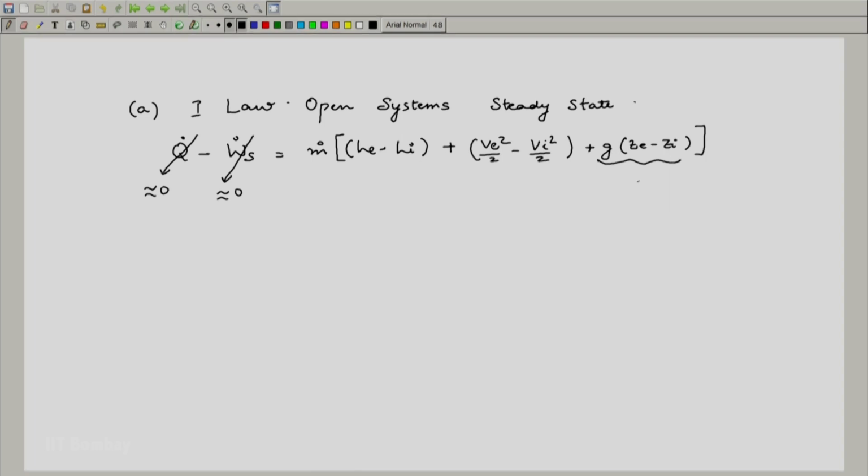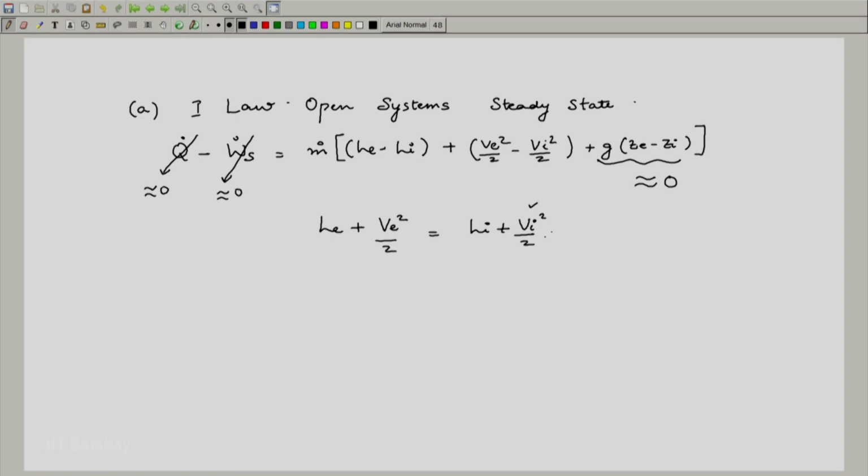You assume that there is negligible change in the potential energy, and now the M dot is of no significance in this equation. We would get He plus Ve squared by 2 is Hi plus Vi squared by 2. Of course, one will notice that Vi, which is the inlet velocity, is given and it is not really significant. One could have as well neglected it. In fact, I would like you to do that exercise.